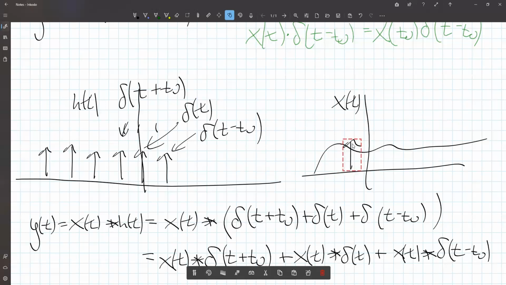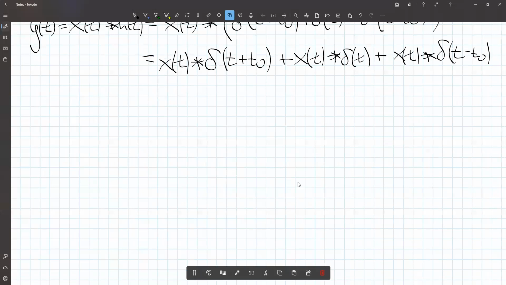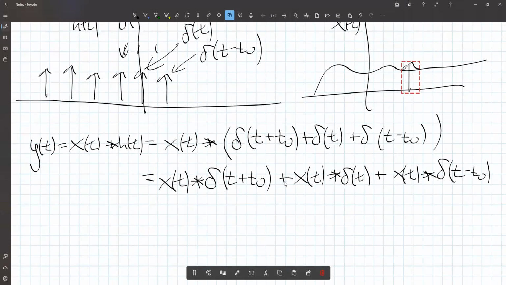But I think this kind of gets across the point that we can use an impulse to sample. We keep passing it through, and every time I stop it, it's just a different snapshot in time. So here's y of one value of t, y of another value of t, y of another value of t. And this is the sifting property.